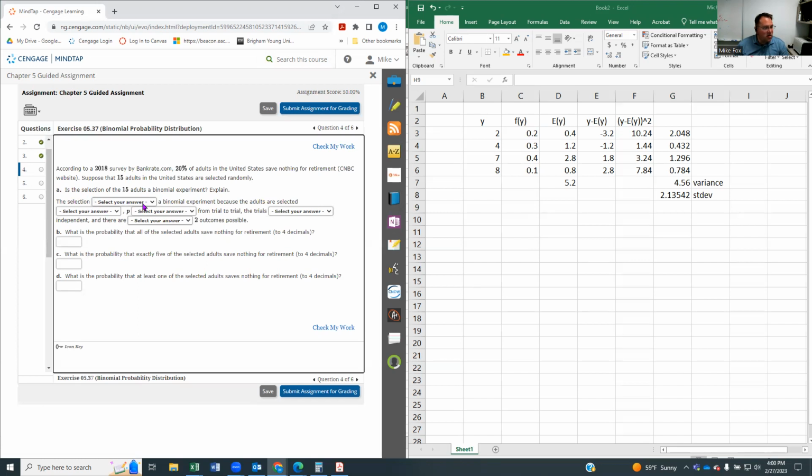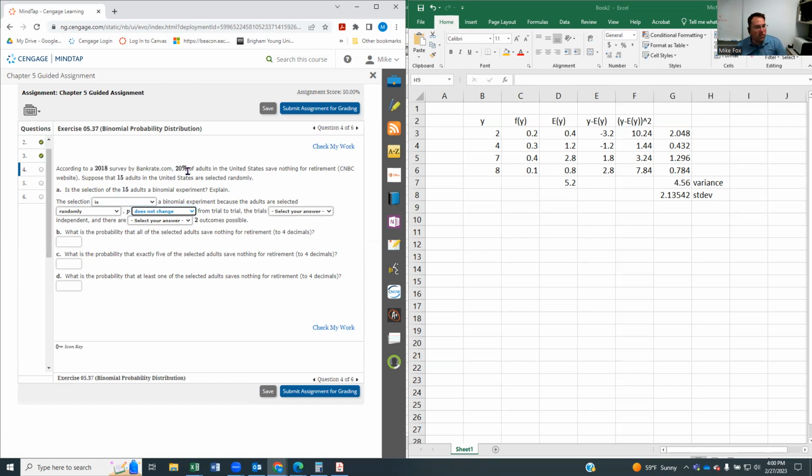The selection blank is a binomial experiment because adults are selected randomly. And the probability does not change from trial to trial. It's 20%. Each time we pick somebody, there's a 20% chance that they don't save anything and an 80% chance that they do save something.